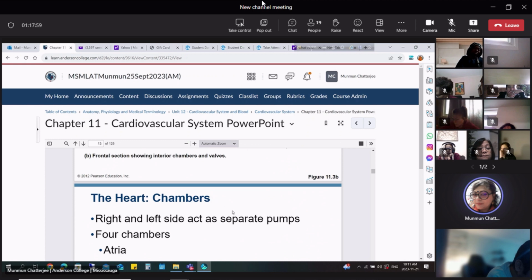So what are the heart chambers? From childhood, whenever you go through school, we know the heart has four chambers, right? It is divided into right and left. What are the main ones? Atria and ventricles. We have two atria and two ventricles.